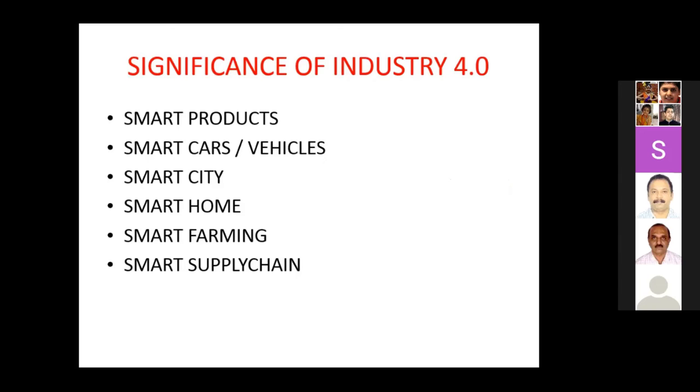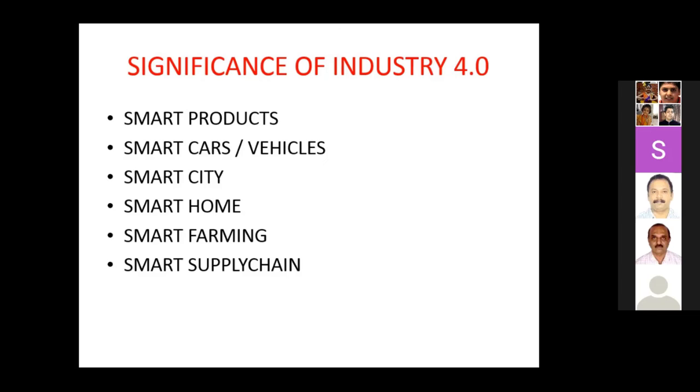We need to understand and develop these smart systems because, as I talked about in my earlier presentation, smart products are going to be part and parcel of the near future. Smart cars, vehicles. The word smart product is very appealing, but at the bottom line, this is connectivity.